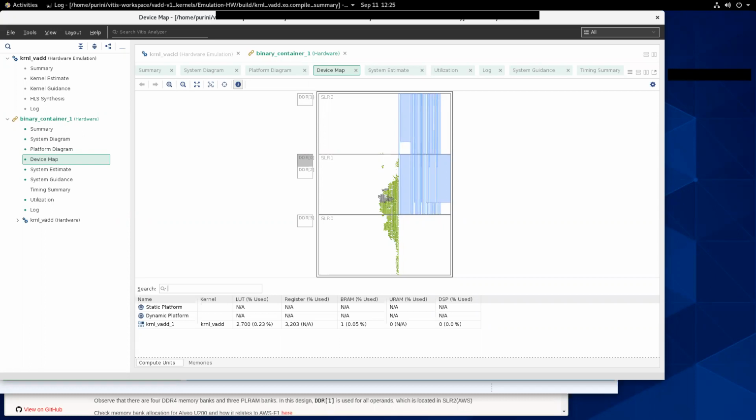The memory controller for the DDR1 bank is present in the SLR2 region, the controller for DDR0 and 2 is present in the SLR1 region, and the memory bank for DDR3 is present in the SLR0 region.